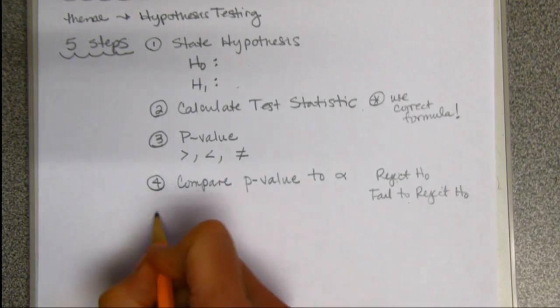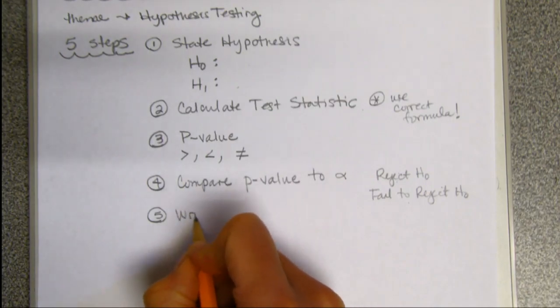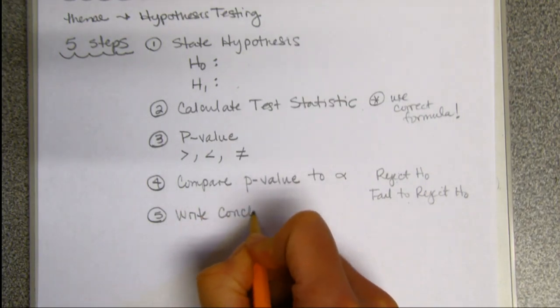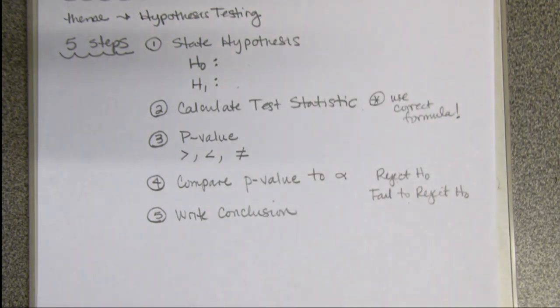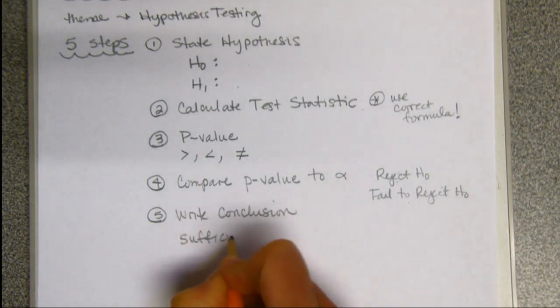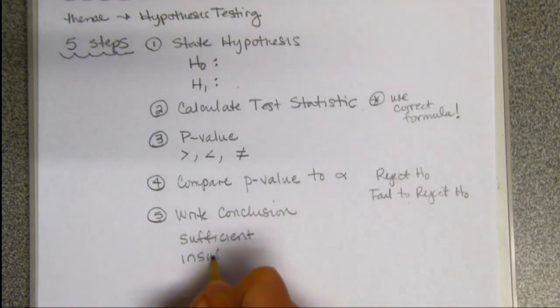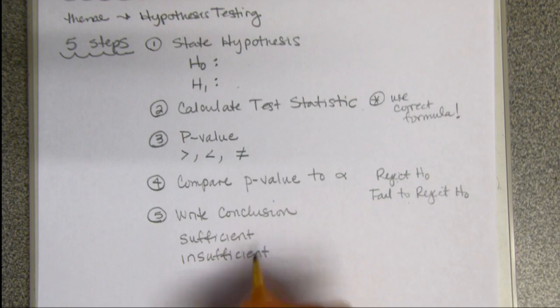All right, step 5 is where you will write your conclusion. Here you will use words like sufficient and insufficient, evidence to conclude, whatever your alternate was.